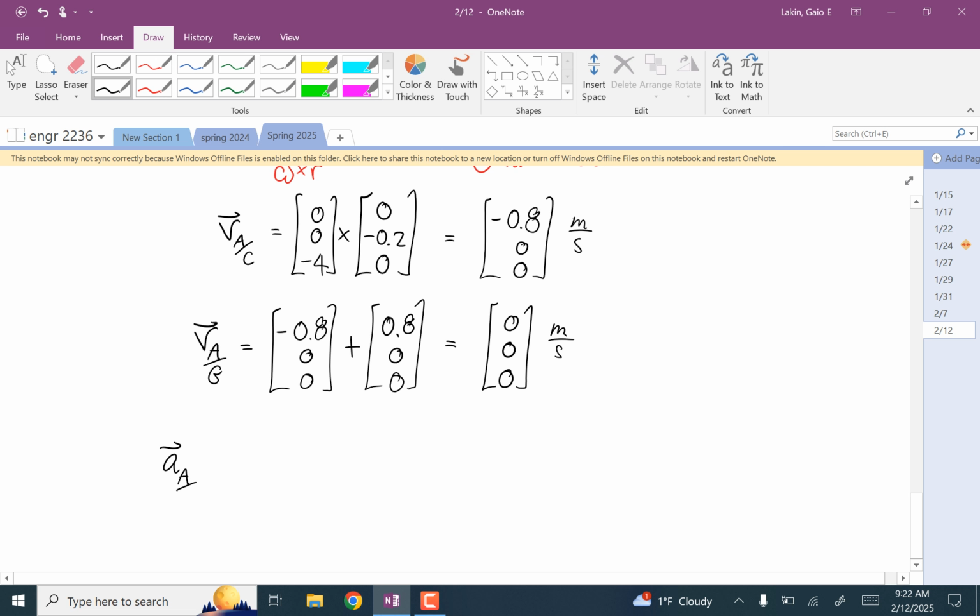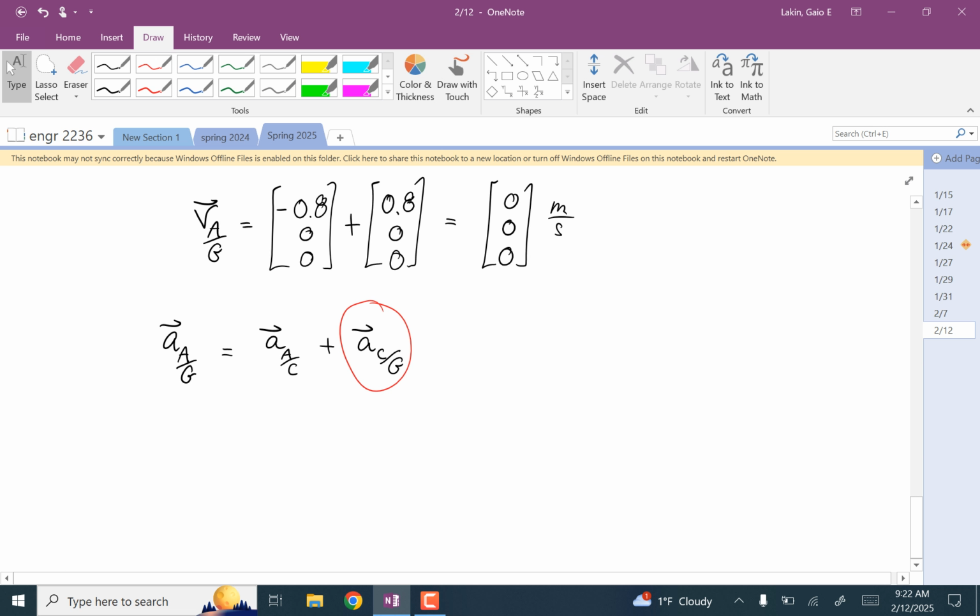The acceleration of A relative to the ground is equal to the acceleration of A relative to the center plus the acceleration of the center relative to the ground. This one we just calculated in part A. And this one, again, that's circular motion, assuming that the center is fixed.